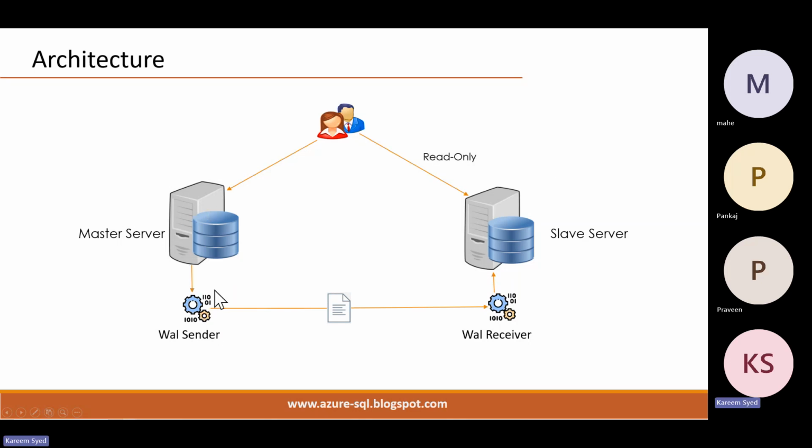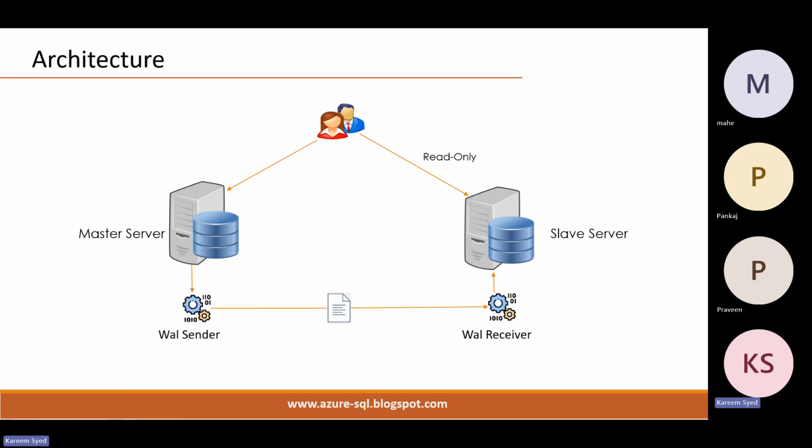These are the main processes: WAL sender and WAL receiver. If I run ps -ef | grep postgres, we can see multiple WAL senders, generally 10 by default. Suppose I pause streaming replication, then you can see no WAL sender processes in the process list on the primary server.